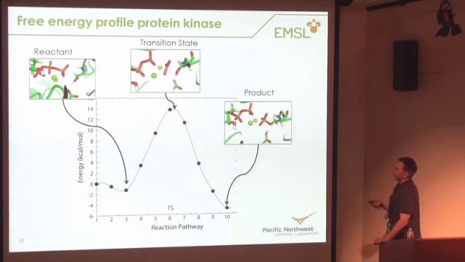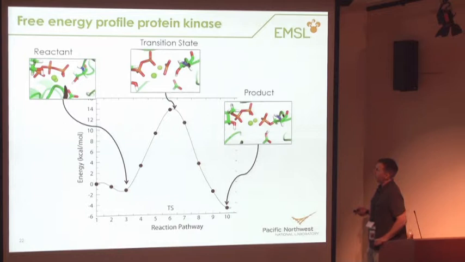So for the protein kinase reaction that I mentioned earlier, here we have the resulting reaction profile, and we can see that the activation free energy barrier is around 50 kcal per mole. The experimentally measured one is about 13. So there is some predictive quality here which can help you to study the catalytic activity of enzymes.